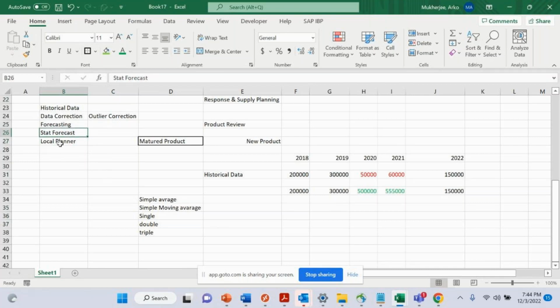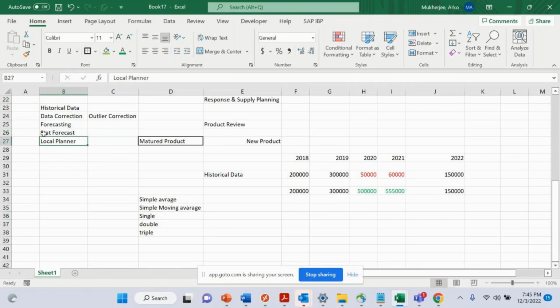If I am a local planner and I think that what my system or my Excel is suggesting as a forecast is not accurate, which is obviously not, because the system works in a pattern way, then to fulfill his or her target, they enter some numbers in the local planner field.